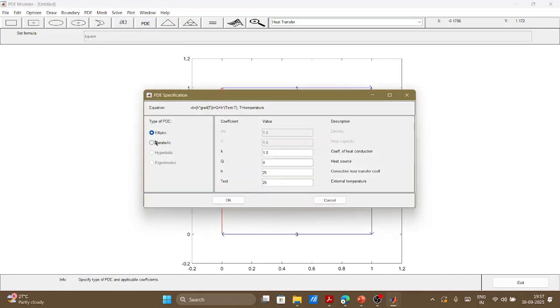PDE specification. T external minus T. Zero.